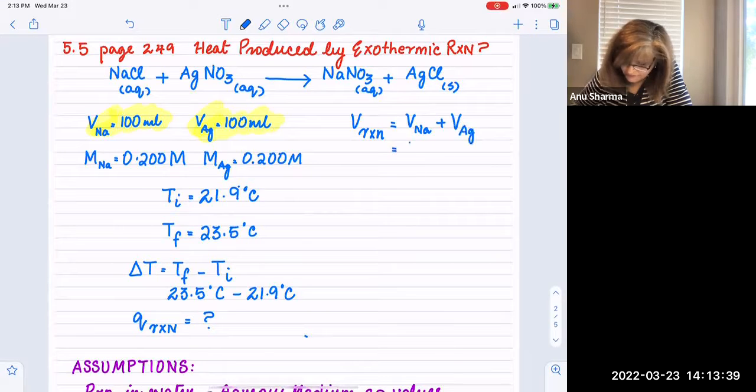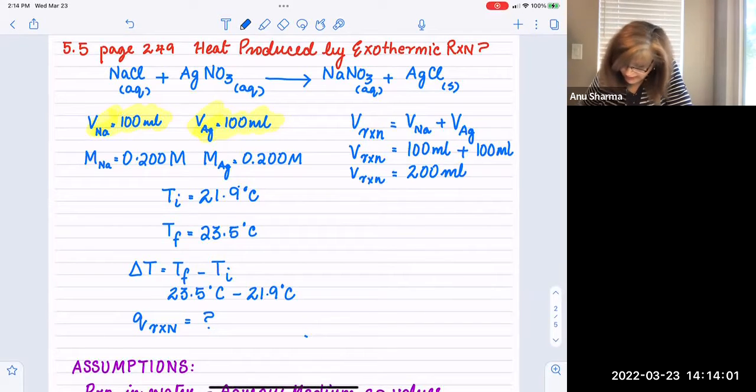So here we have 100 milliliters plus 100 milliliters, and that comes out to be 200 milliliters of the volume of the reaction.